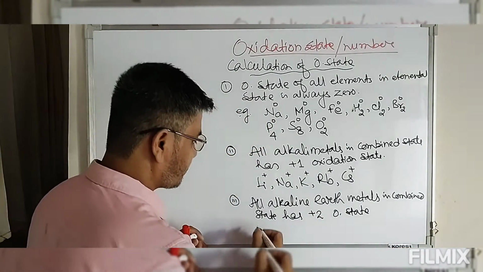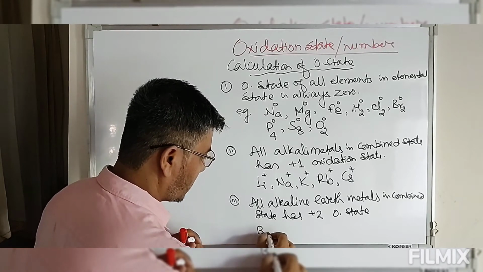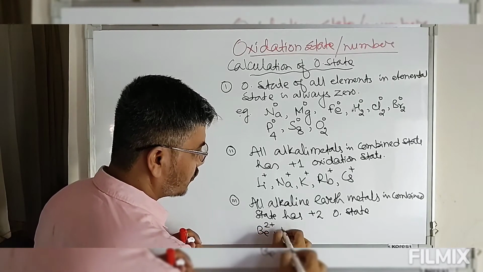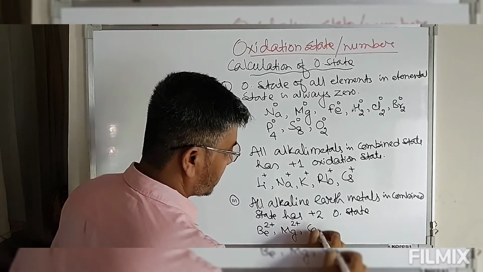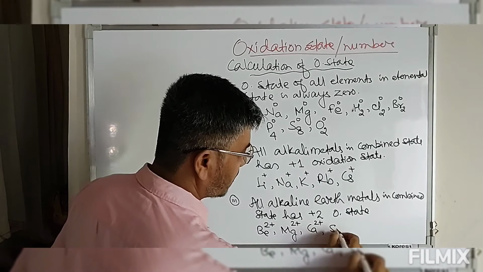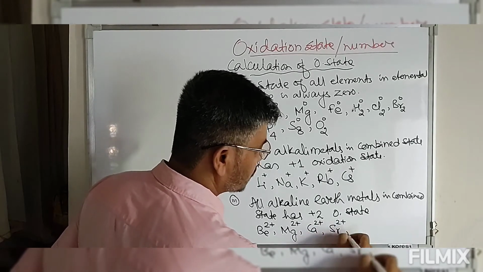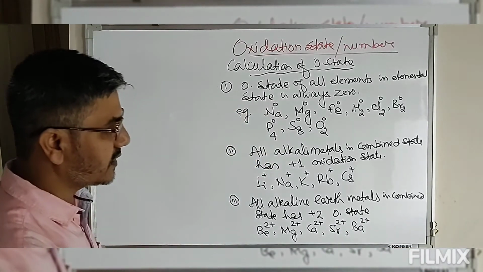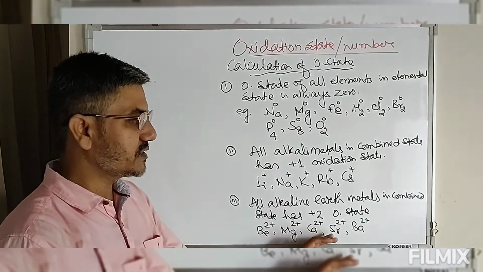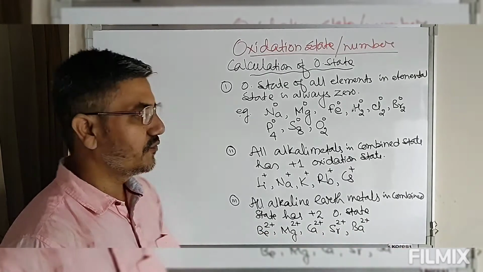So we have looked at this: beryllium +2, magnesium +2, calcium +2, strontium +2, barium +2. So all these alkaline earth metals will have +2 oxidation state in their combined form.